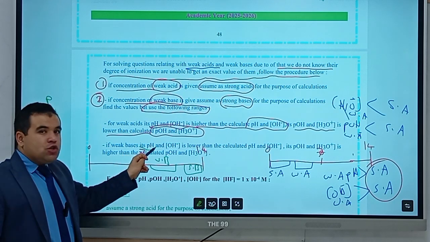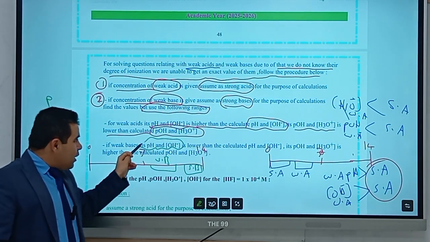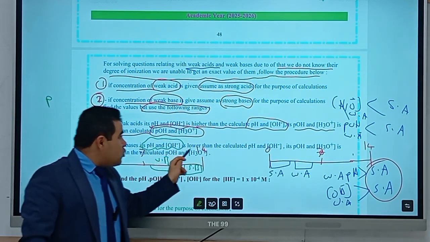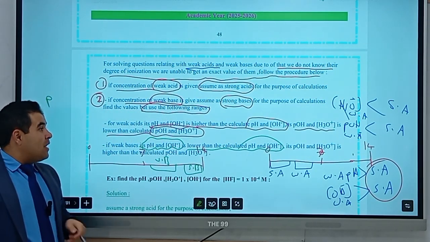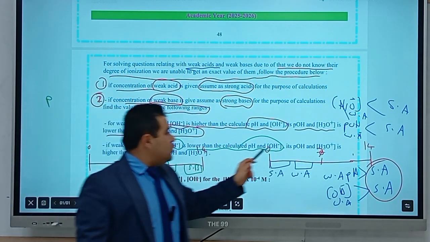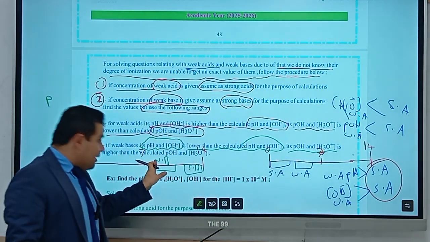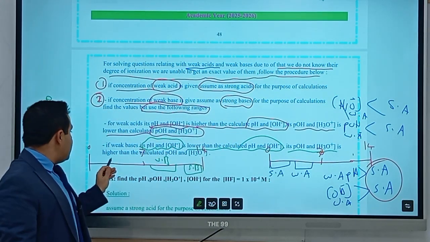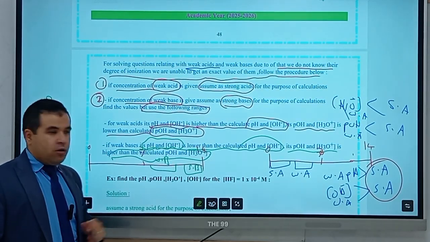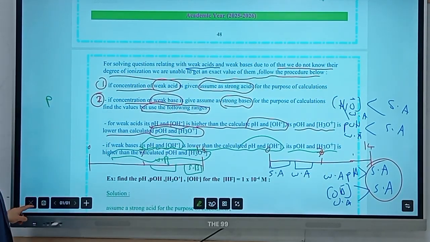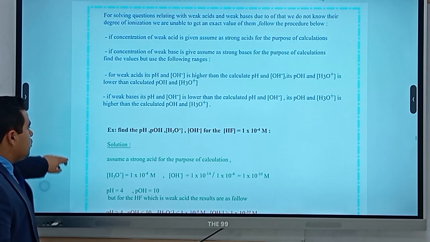So the pH and hydroxide of the weak base are lower than the calculated pH and hydroxide. But the pOH and hydronium of the weak base are higher than the ones which we calculated by assuming the strong.